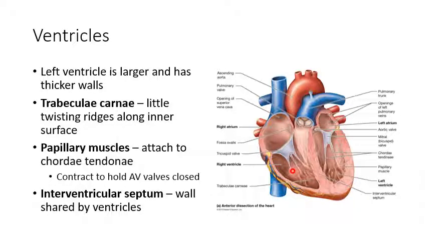So the papillary muscles and the chordae tendineae are designed to prevent that from happening. When blood pushes this valve closed, the papillary muscles contract, the chordae tendineae become taut, and the valve is held flat and straight and prevented from blowing back into the atrium.